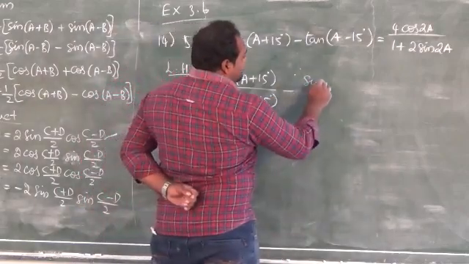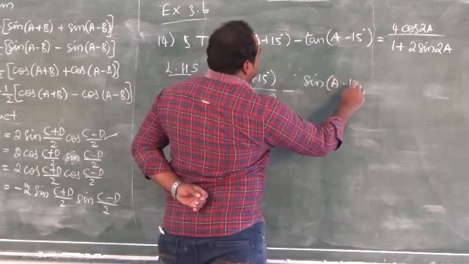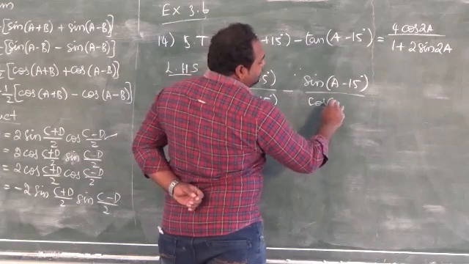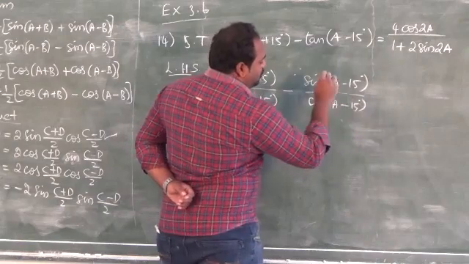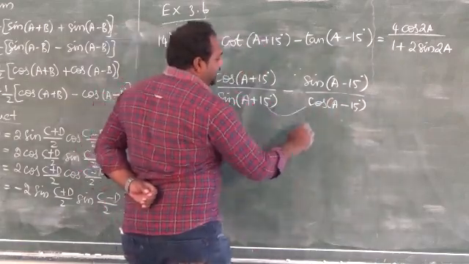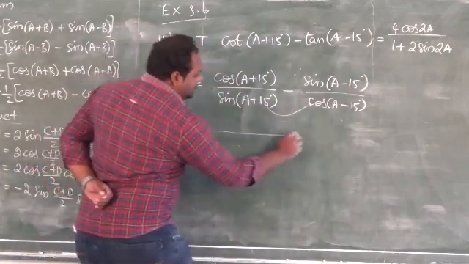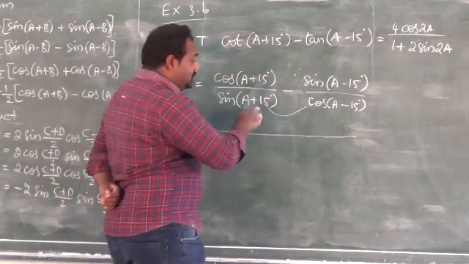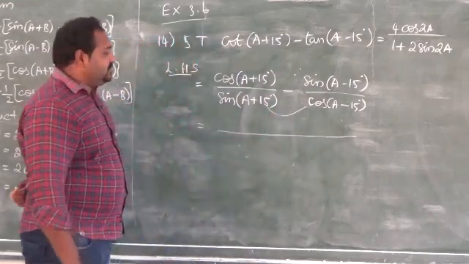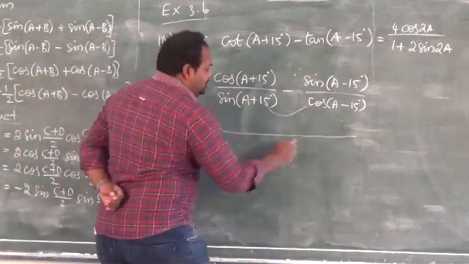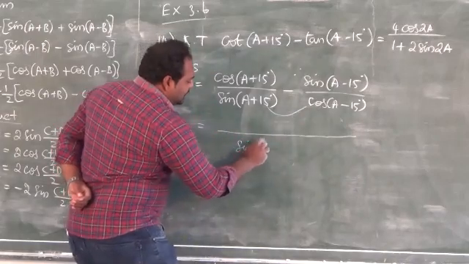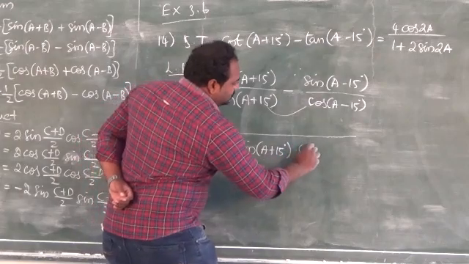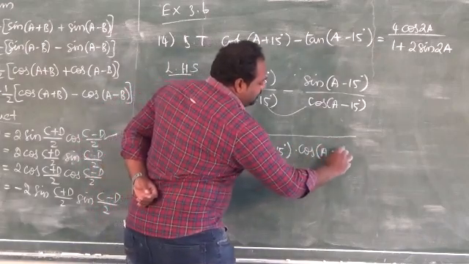It is sin of (a minus 15) by cos of (a minus 15). Okay, now on the LHS I am going to take the LCM. LCM for the denominator is the multiplication of these two denominators, sin of (a plus 15) into cos of (a minus 15).